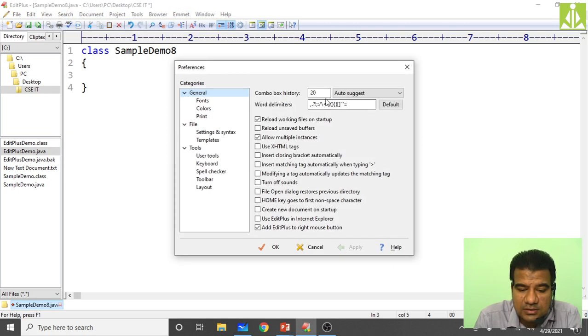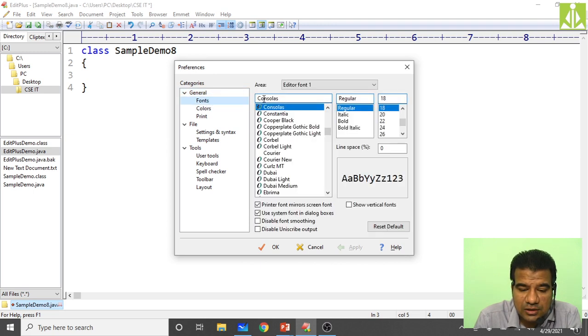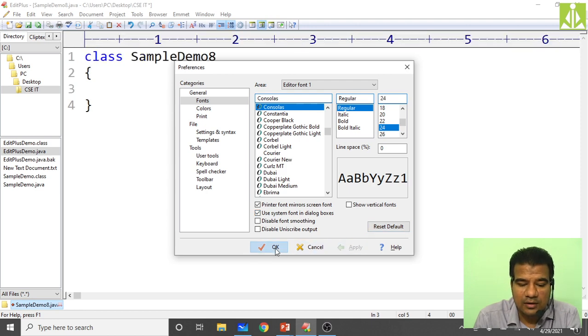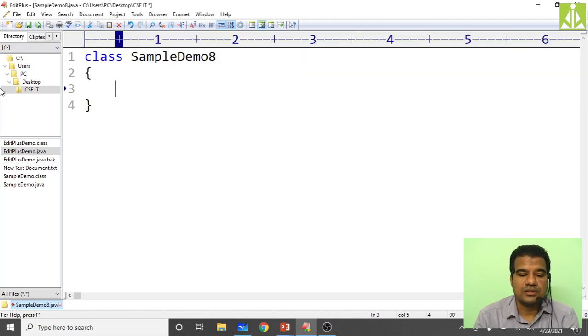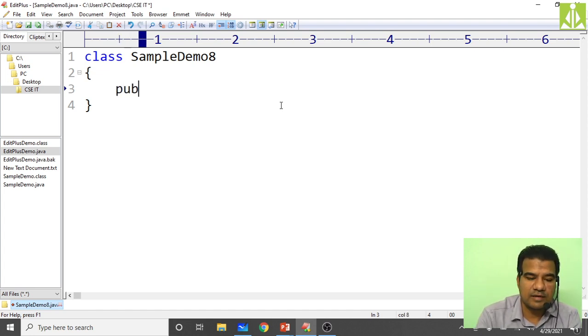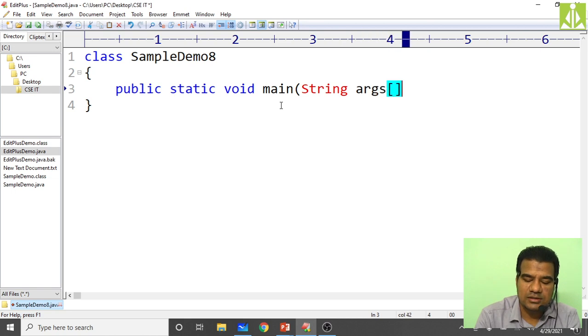Preferences, yes, here it is, font. I want to increase the font size to 24. Apply. Okay, good to go. I hope this is visible. So simply put, public static void main of String arguments.